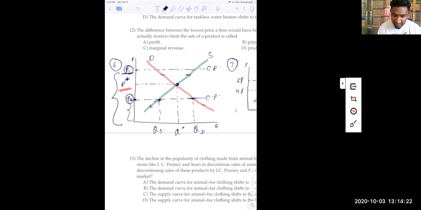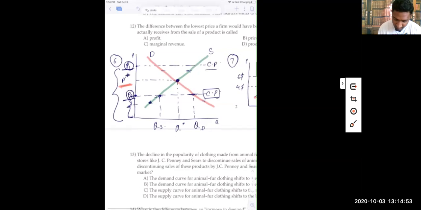If you set the ceiling price here, things become different. Here your ceiling price is less than your equilibrium price. So you only have flexibility to set your price below this price P2. So suppose you set your price below this, somewhere over here.